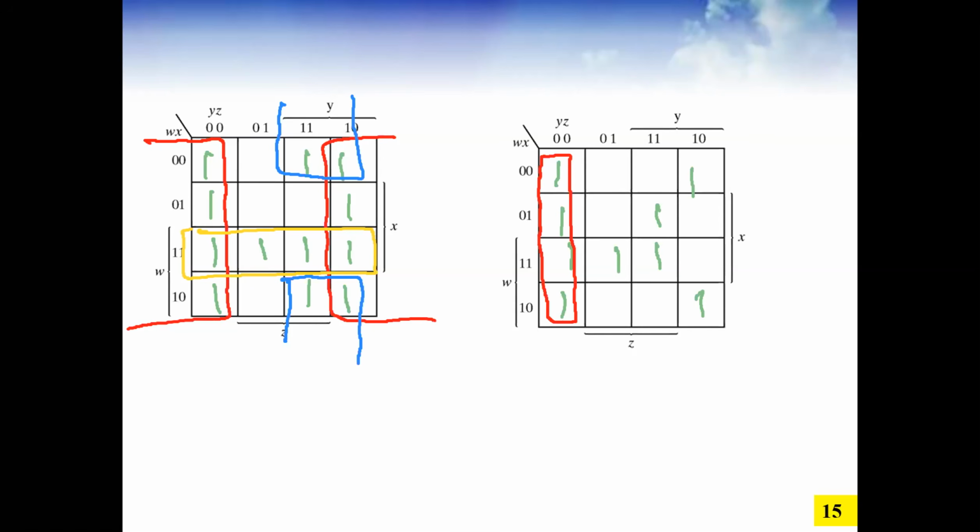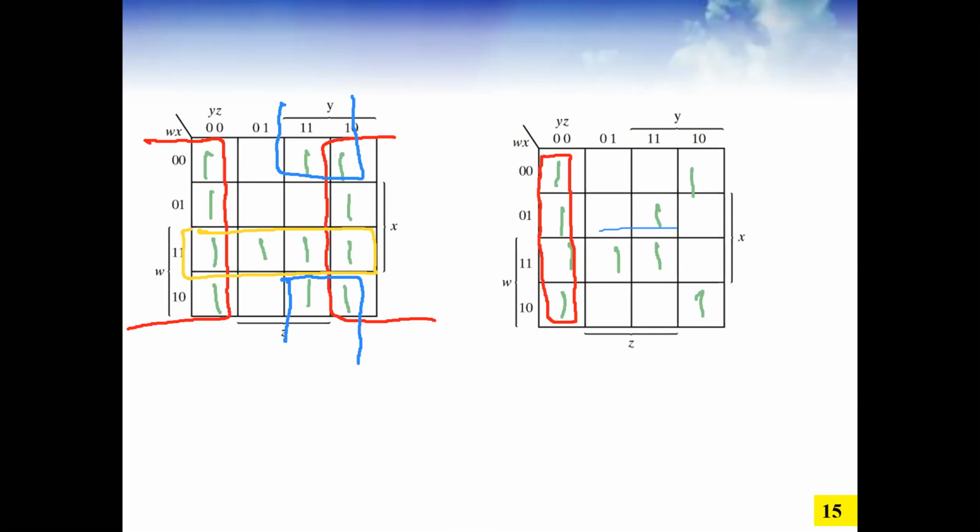I am going to tell you one interesting thing. You will learn something new. If you have a 1 in all 4 corners, you can combine them together as well. If you have 1s at the corners of a square, you can combine them.